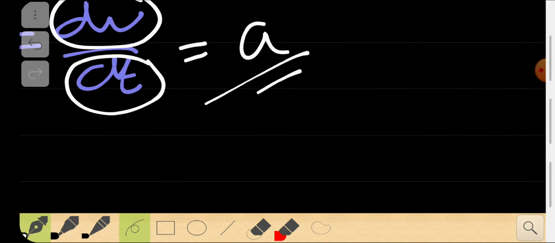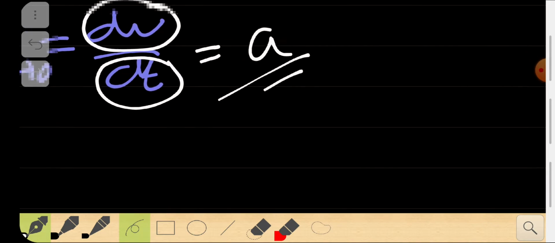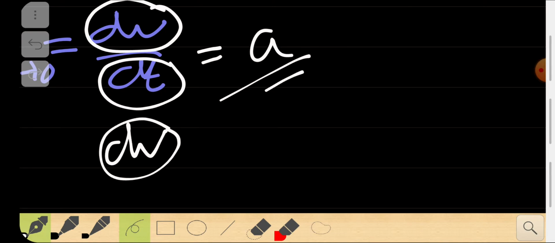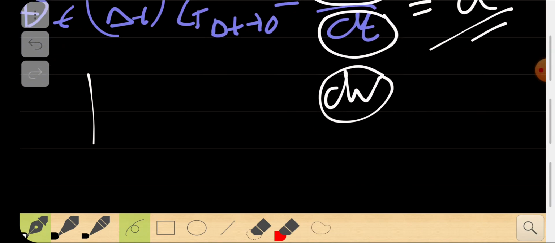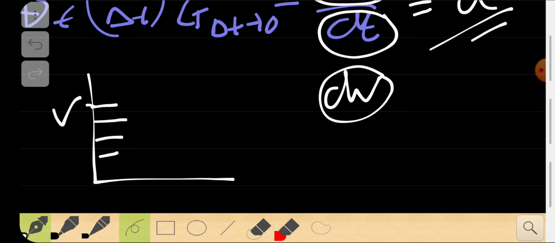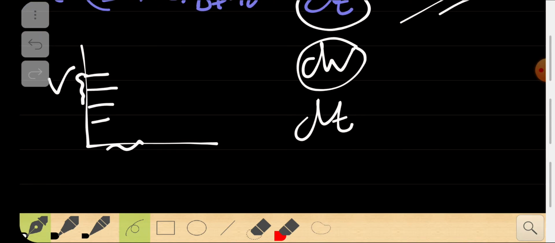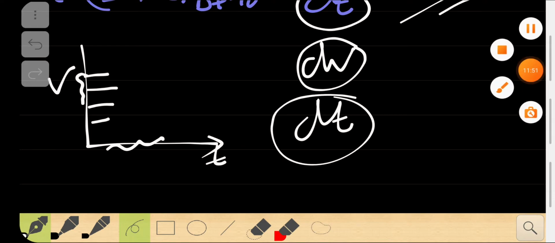The Leibniz differential dv denotes a small change in the v-axis, and dt denotes a small change in the time axis. That's what the Leibniz differentials dv and dt stand for.